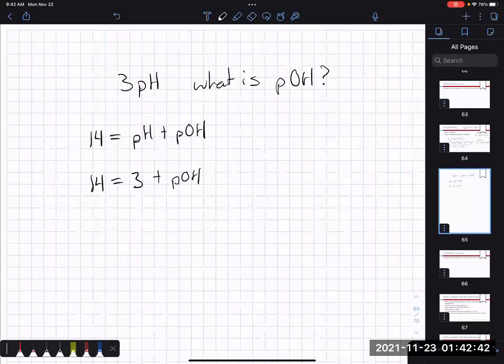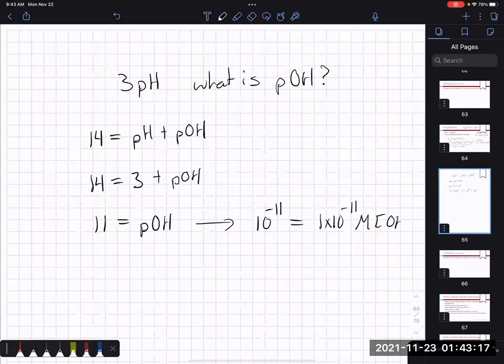So then we can just subtract 3 from both sides and get 11 is equal to our pOH, and vice versa. And then if we wanted to convert this pOH to molarity, which is the raw concentration, we would do 10 raised to the negative 11, which would be 1 times 10 to the negative 11 molar OH minus.